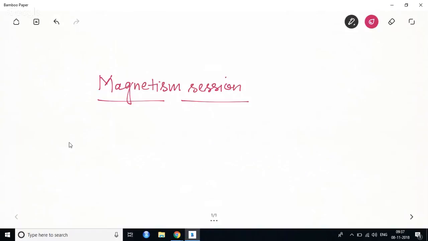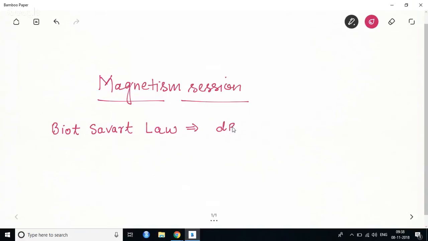The first formula, Biot-Savart law, was dB is equal to mu naught by 4 pi, I dl vector cross r vector divided by r cube.